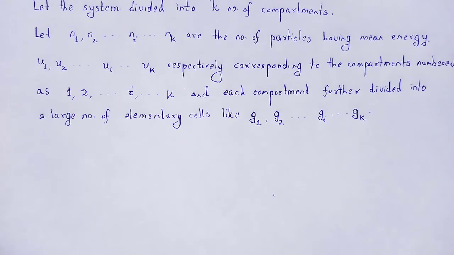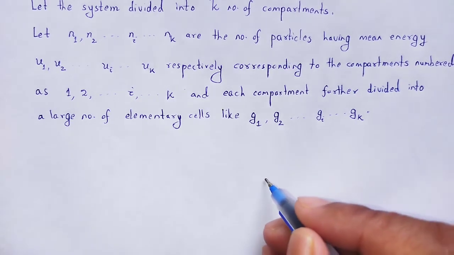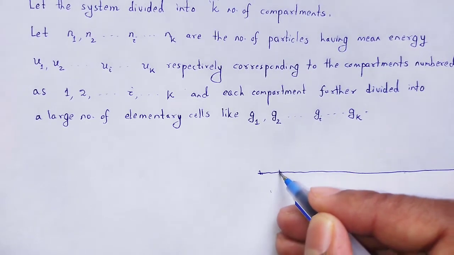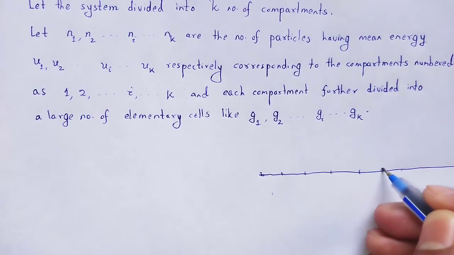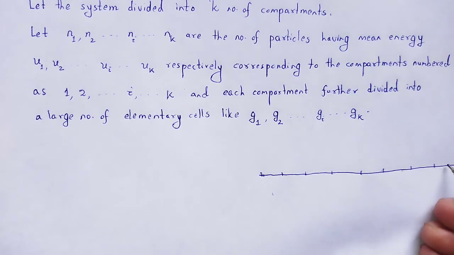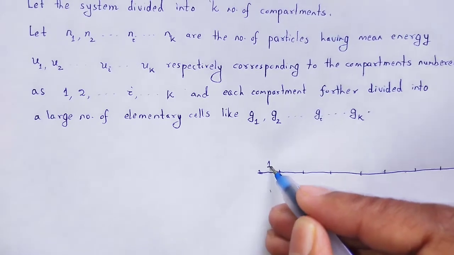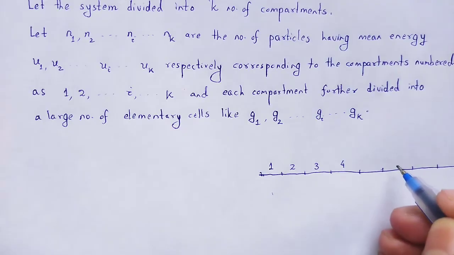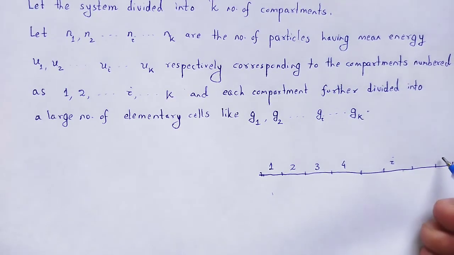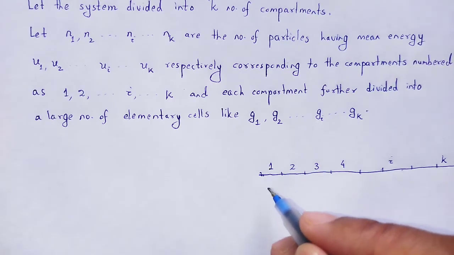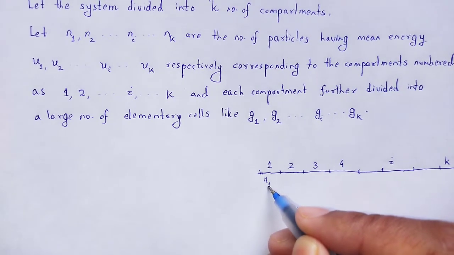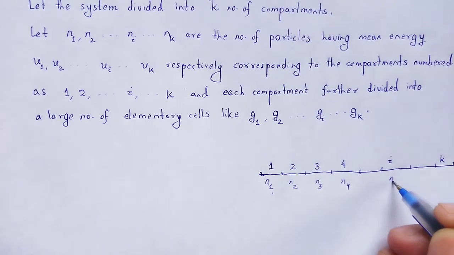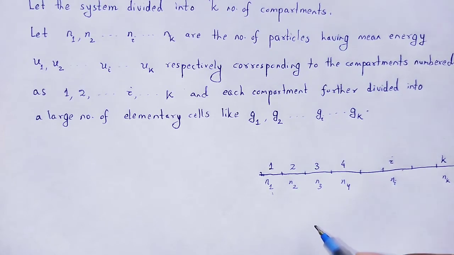In that thermodynamic system where fermions are there, let us divide that system into k number of compartments. Compartment number 1, 2, 3, 4 up to i and k. In compartment number 1, the number of particles is n1, here n2, n3, n4, ni, nk.